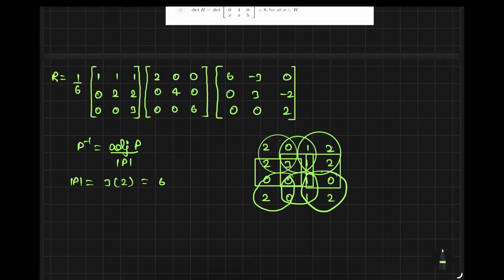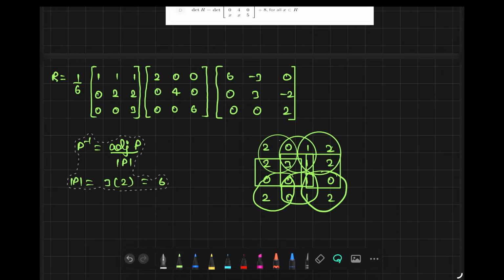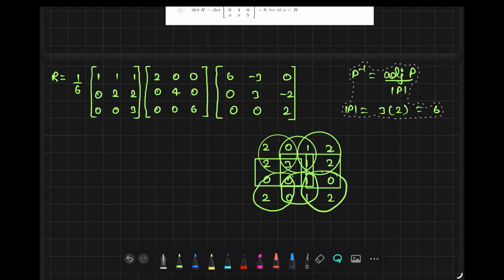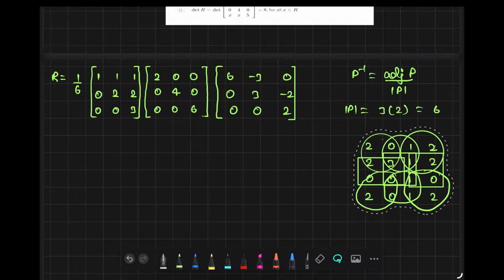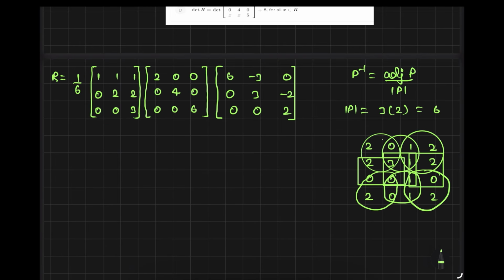Now you have to do this multiplication. This is necessary. I will copy it here. Yes, this is time consuming, but you have to do it. It's worth doing. So 1 by 6. I hope you know how to multiply matrices, otherwise you can go and watch the videos. So look at this idea.